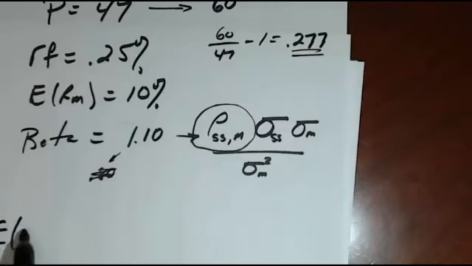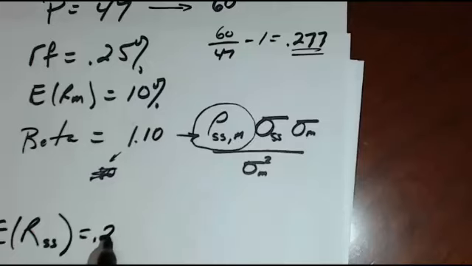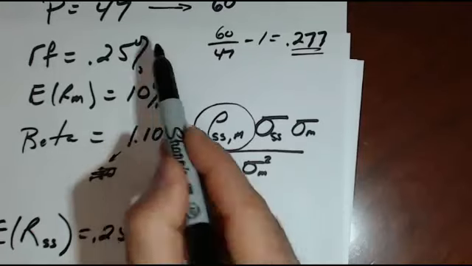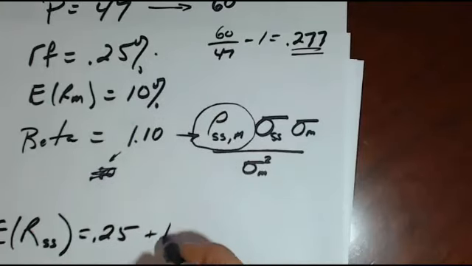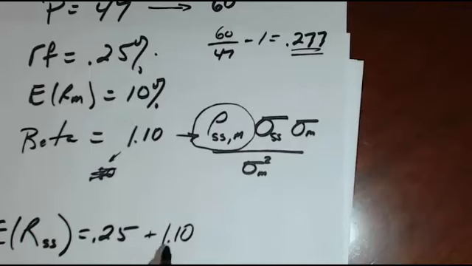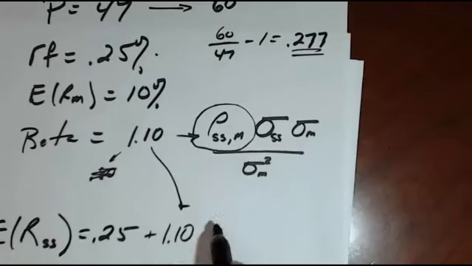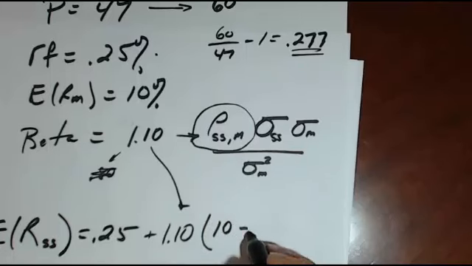So the expected return on Shake Shack equals the 0.25% risk-free rate plus 1.10, the systemic risk measure for Shake Shack, which is 10% more risky than the market, times the market risk premium, which is 10% minus the 0.25% risk-free rate.